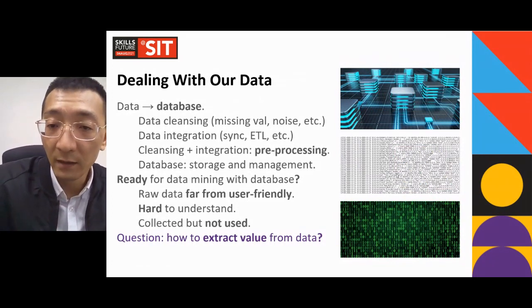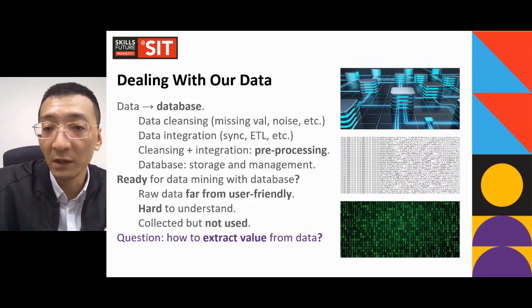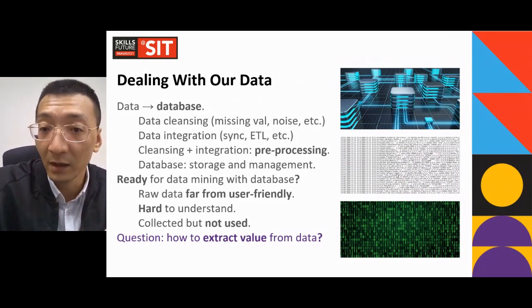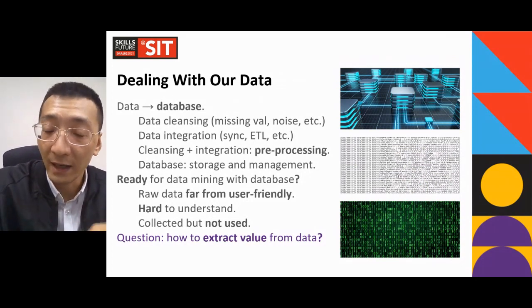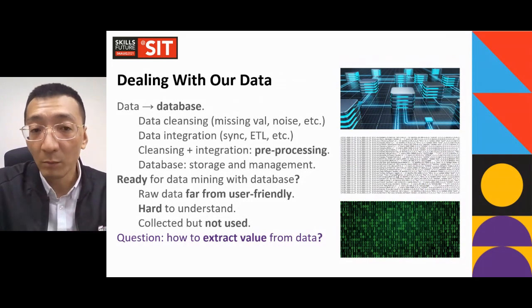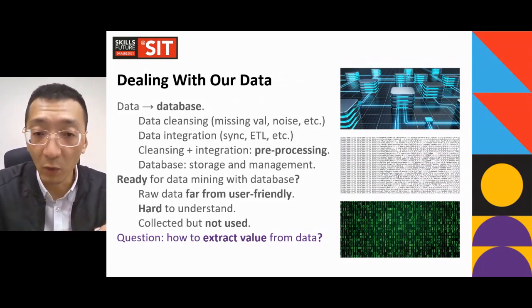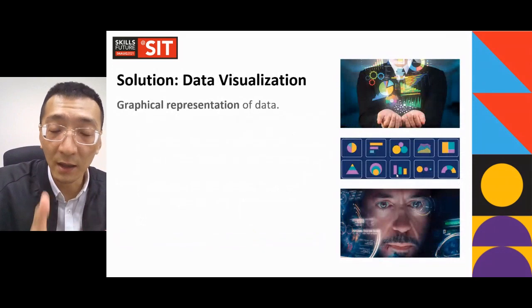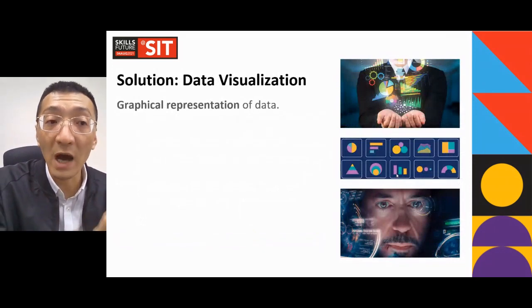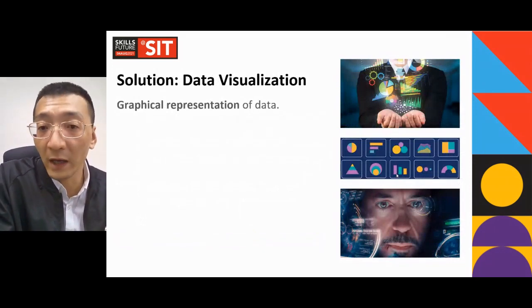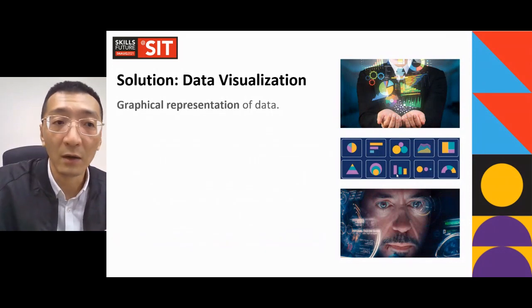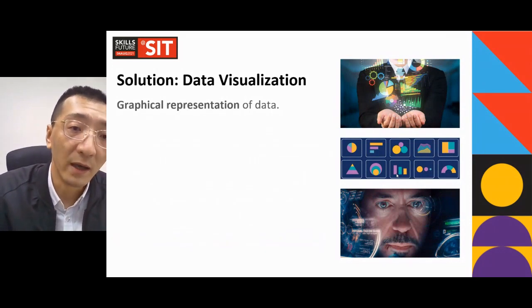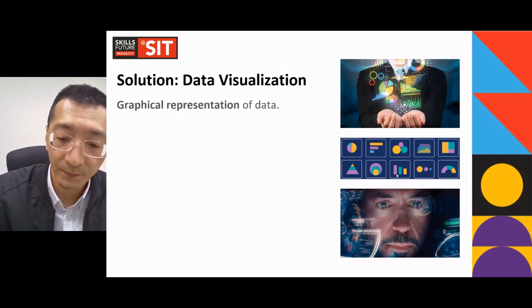The representation, the carrier of the information of this data, is numbers and text, right? But for humans, what are we good at? We would like to say that the carriers of the information are graphs and figures, instead of values, numbers or text, right? So we would like to represent our data graphically.